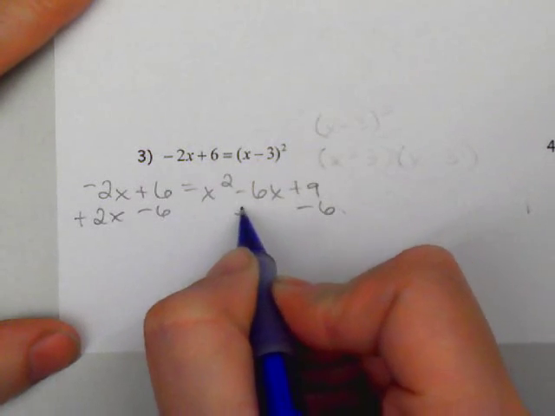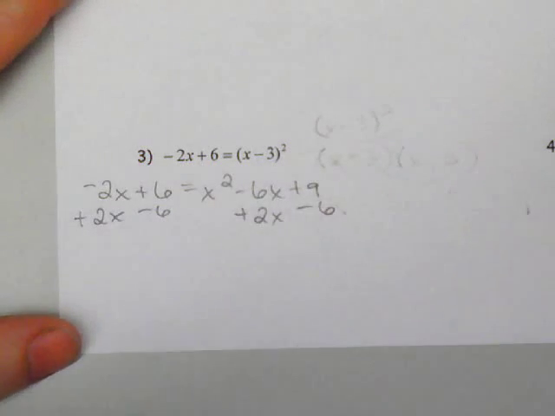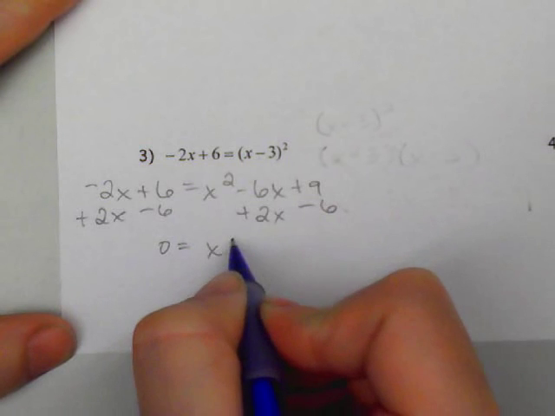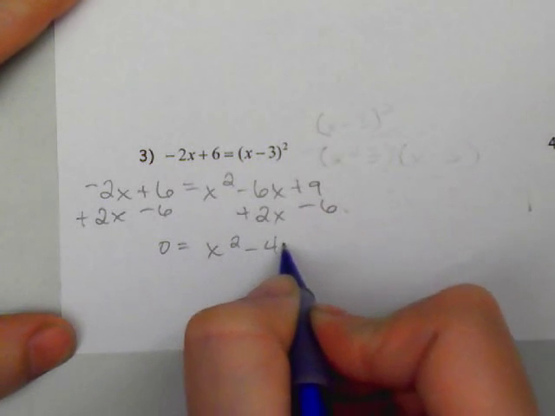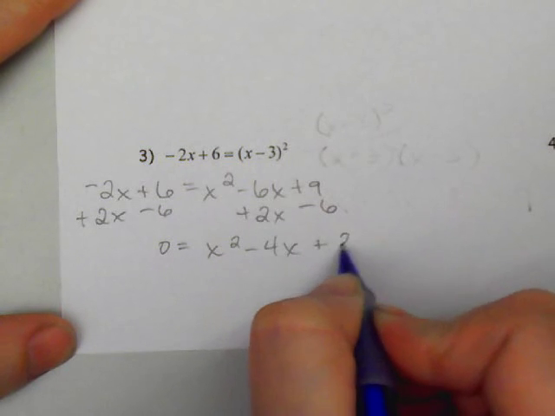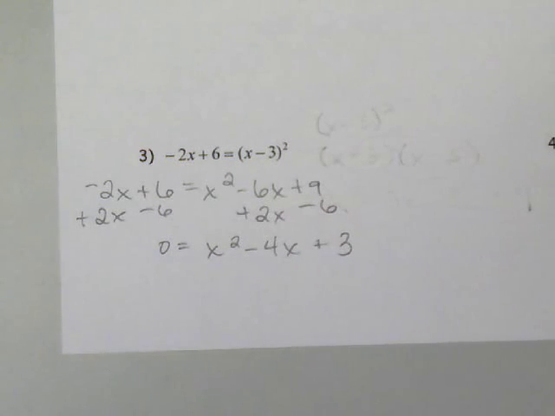Because I have to get this all equaling 0 in order to solve this quadratic. Questions on that? What two methods do I have of solving this quadratic? Quadratic formula and factoring.